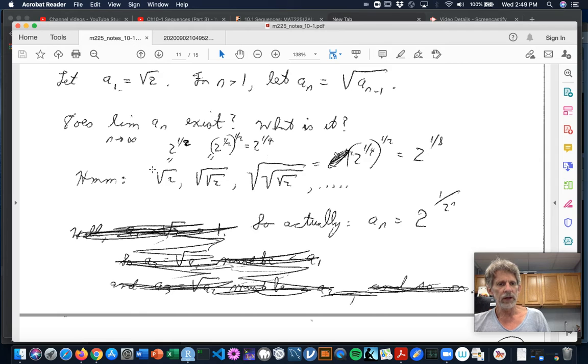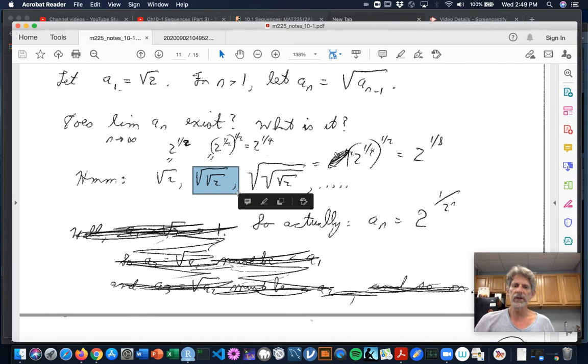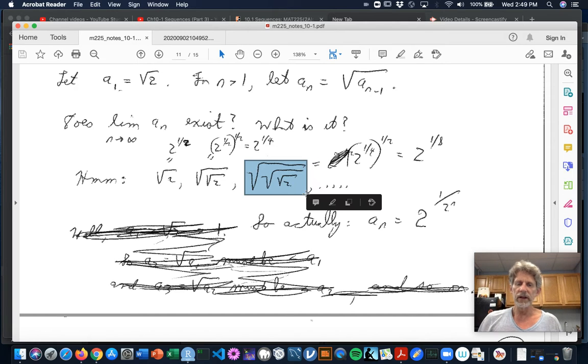Well, when I think about it, I write out a few terms. That's my a1. And then my builder rule says that a2 would have to be the square root of a1, so square root of 2. And then my builder rule says that a3 has to be the square root of a2, so square root of the square root of 2. And when I look at this, it's like powers of powers of powers. This is 2 to the 1/2.